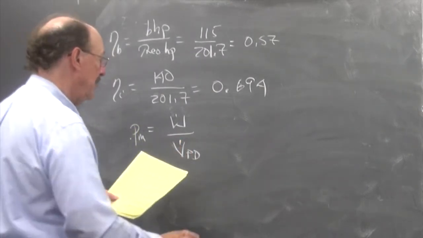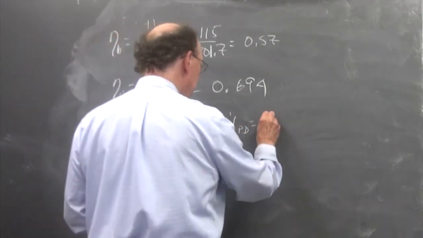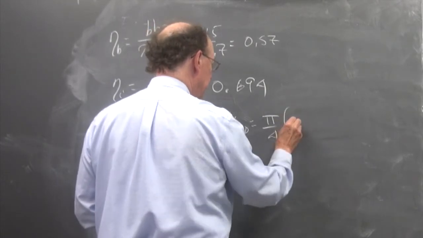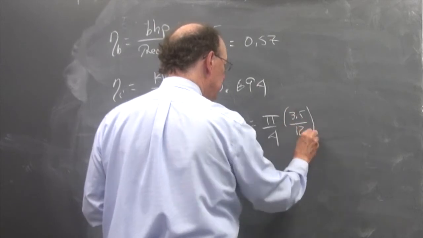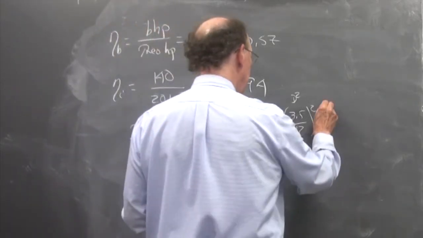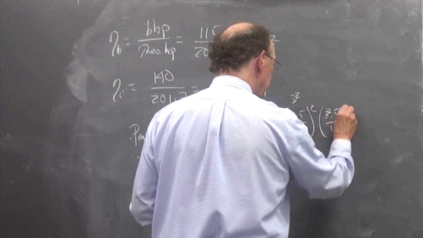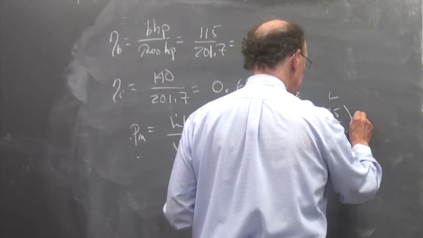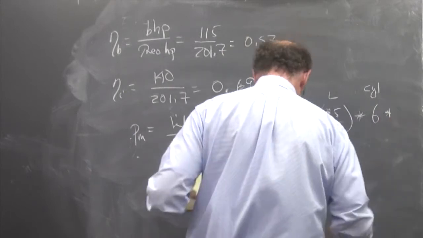So let's find out what V dot sub PD is equal to: pi over 4 d squared L, where d is 3.5 over 12 squared and L is 3.5 over 12, times 6 cylinders, times 3,000 RPM.